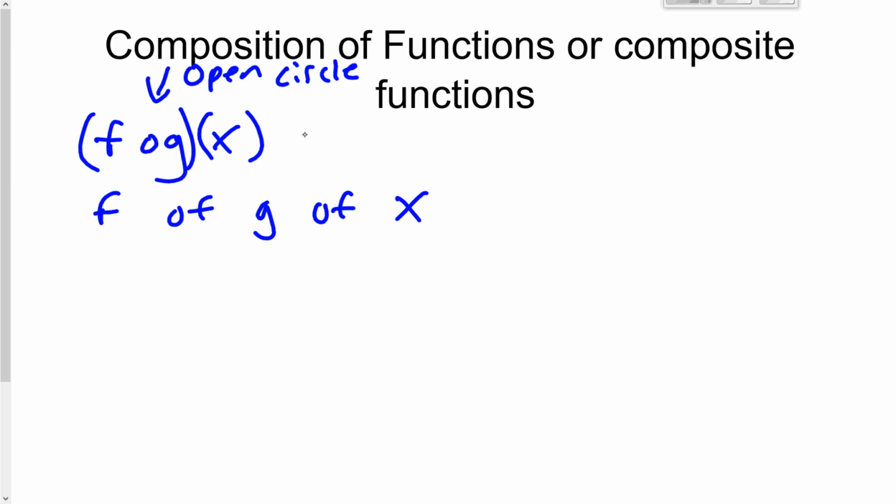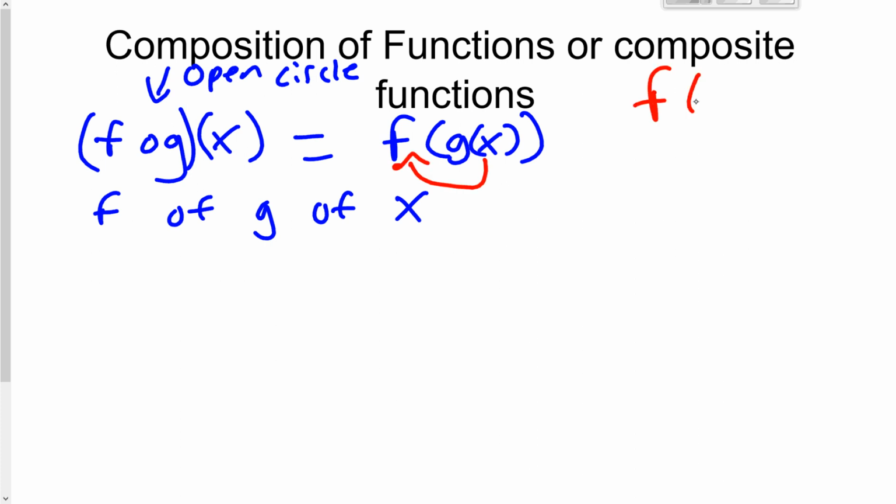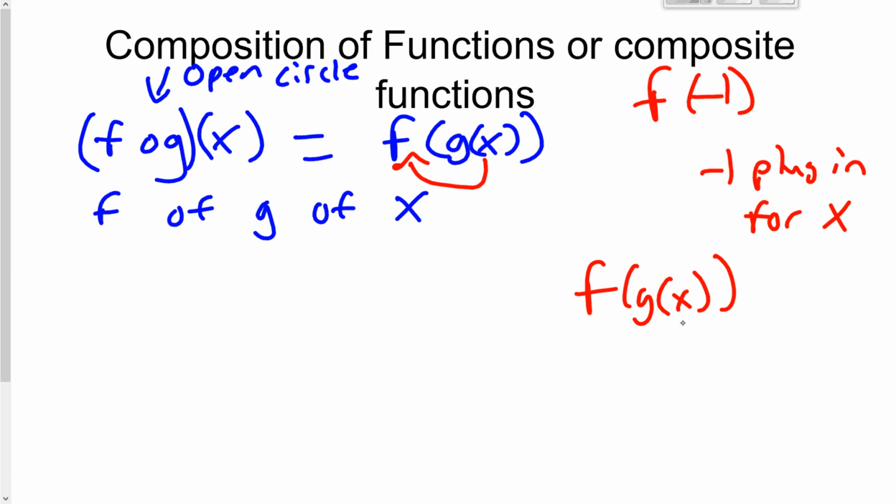Okay, and what that means is I am taking g of x and I'm placing it inside of f. So this goes from the inside out, just like f of negative 1 means that you're taking negative 1 and plugging it in for x. So f of g of x means you're plugging in g of x for x.